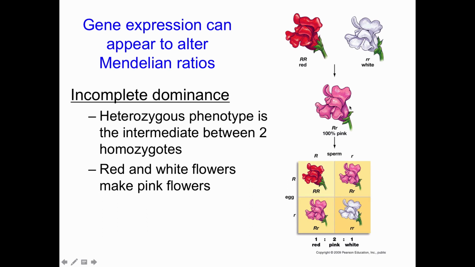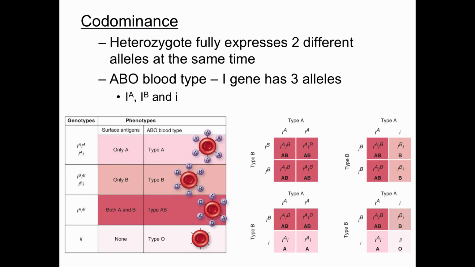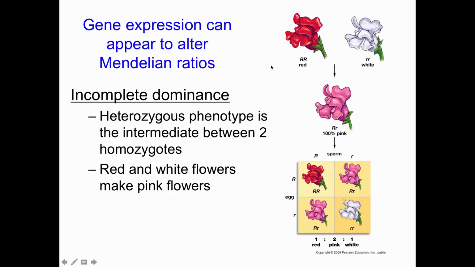So the pink is the heterozygous. Basically the red doesn't have complete dominance over the white. It's sort of like a blend, right? It's sort of shared. If the heterozygote is pink, that means this is a blending of these genes, so they're both expressing to some degree.